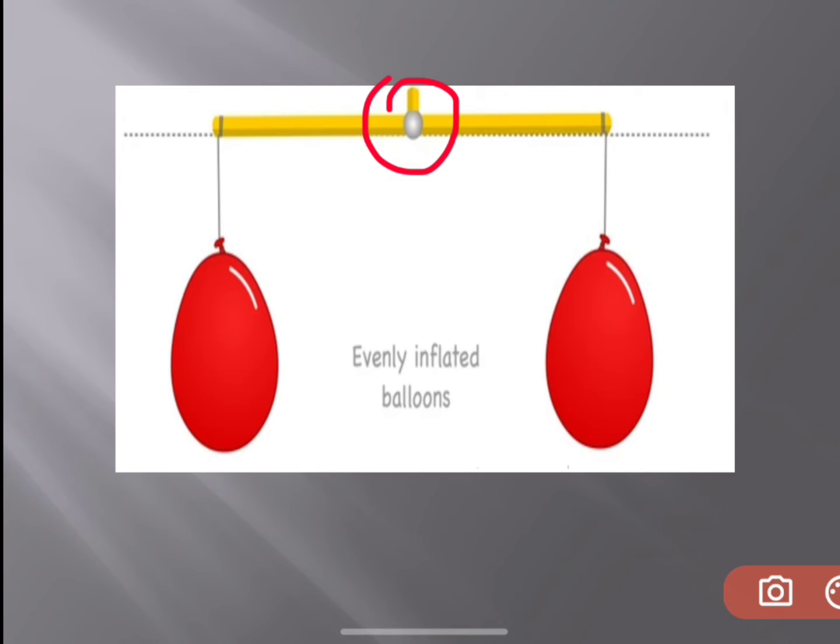Make sure both are at equal distance from the thread, at equal length, and in both balloons fill the same amount of air. After balancing, for one balloon try to poke it with a pin.